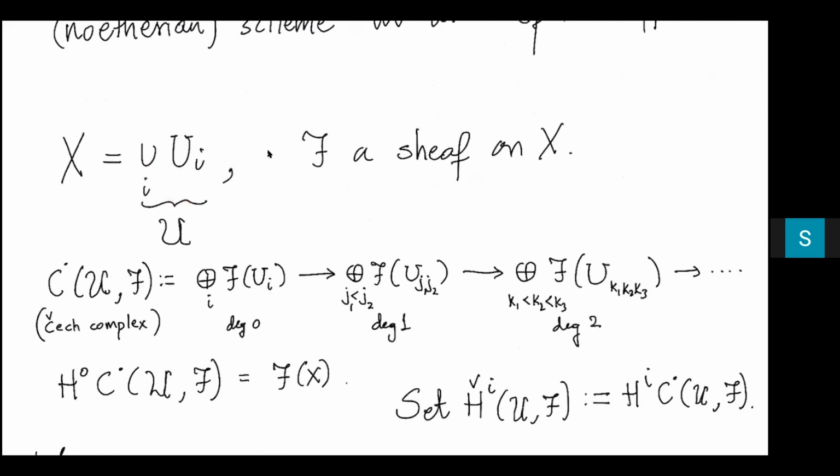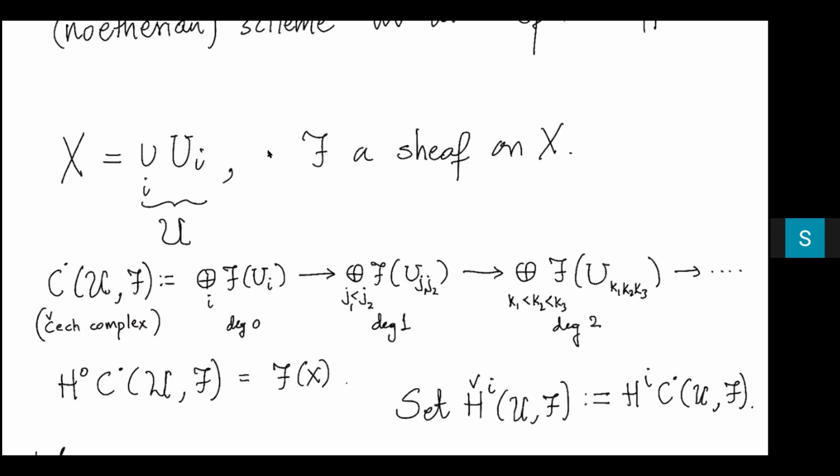So start with F of U_i over each open set and take the direct sum of all the sections. And then you want to see if they agree on overlaps.